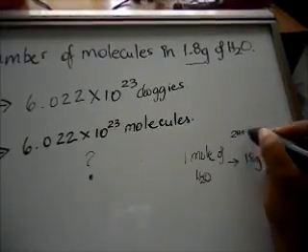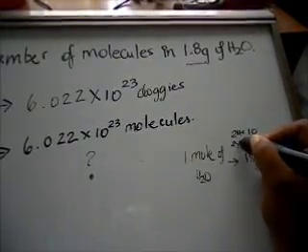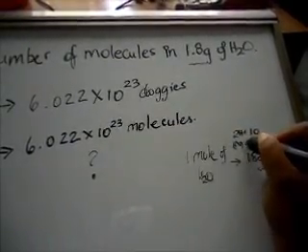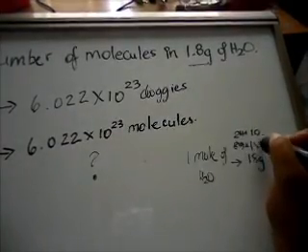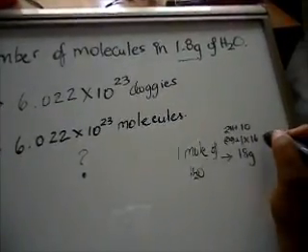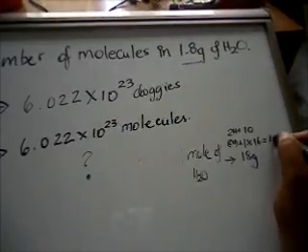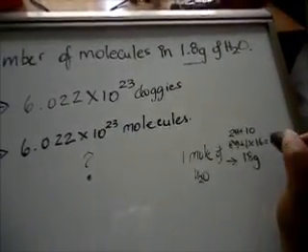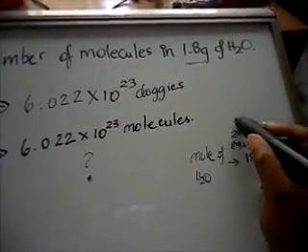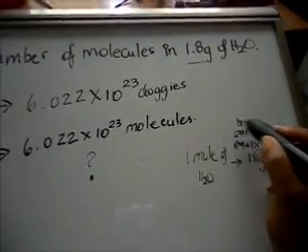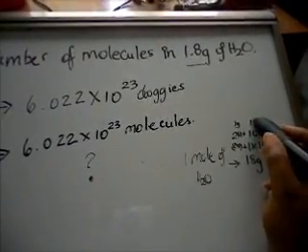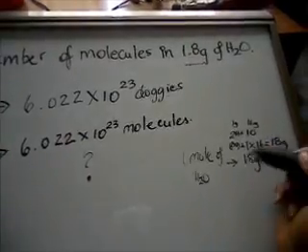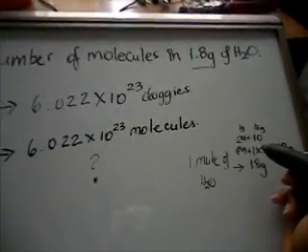We add that together, we get 2 times 1 plus 1 times 16 to get 18. Hydrogen weighs 1 gram and oxygen weighs 16 grams. Basically, we have to find molecular weight.